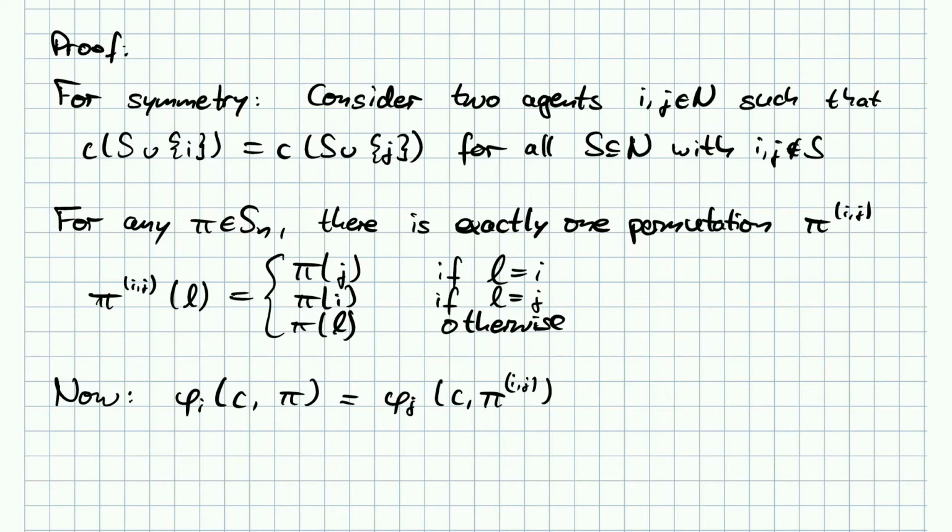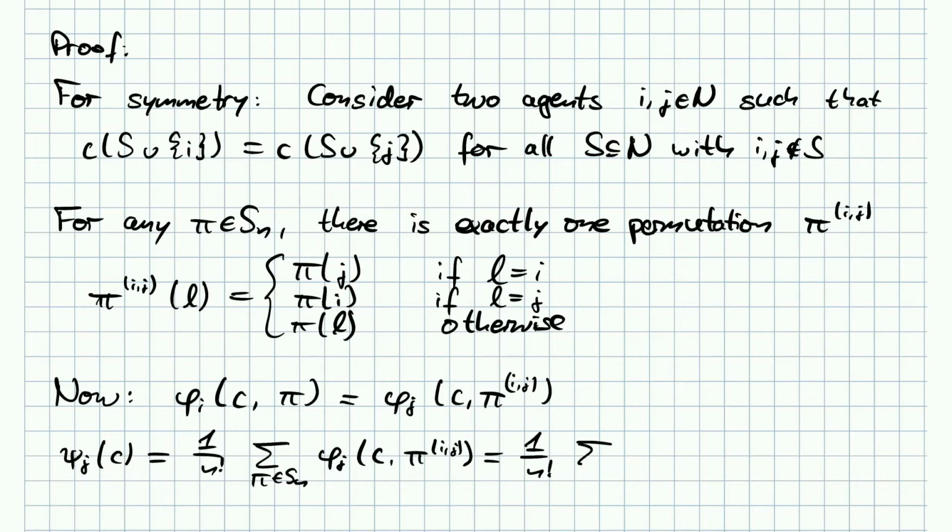And this means that the cost share for agent j, which we can write as also the average of these phi functions, but now taking the permutations where we swapped I and j, will give exactly the same as what we got if we considered agent I without swapping I and j.